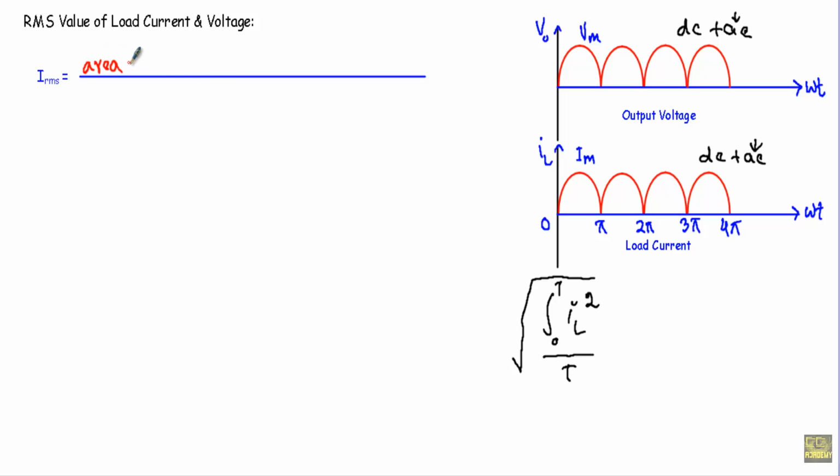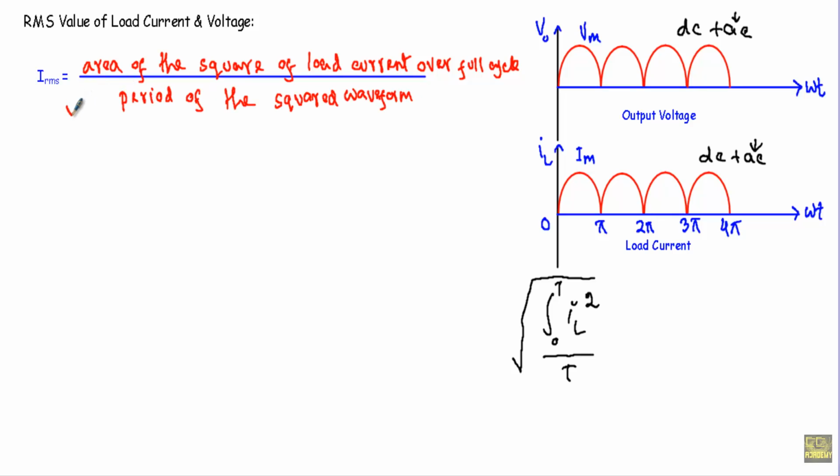The area of the square of load current over the full cycle, divided by the period of the squared waveform, and I will take the root of this whole thing. See, if I take the square of the load current, I will get a waveform like this.